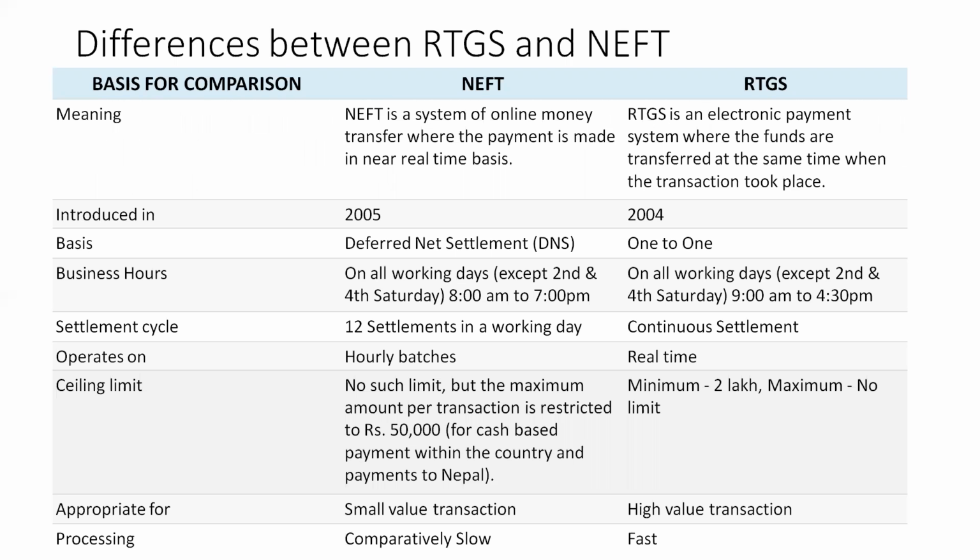The first one is meaning. NEFT is a system of online money transfer where the payment is made on a near real-time basis. Near real time means that after the customer approaches, the nearest time will be taken into consideration for transfer, not the same time the customer approaches. RTGS, on the other side, is an electronic funds transfer where the funds are transferred at the same time the transaction takes place.